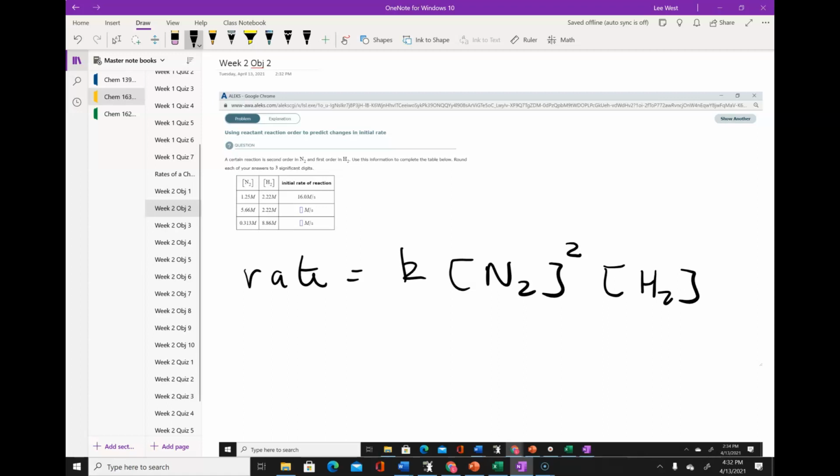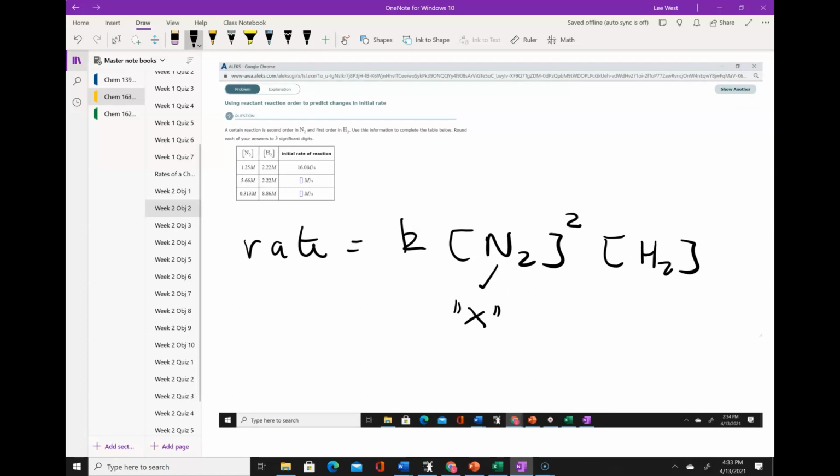And what this is really saying is that the reaction is more sensitive to changes in the concentration of N2 than it is to H2. So for example, if the concentration of N2 changes by a factor X, the rate will change by the factor X squared.